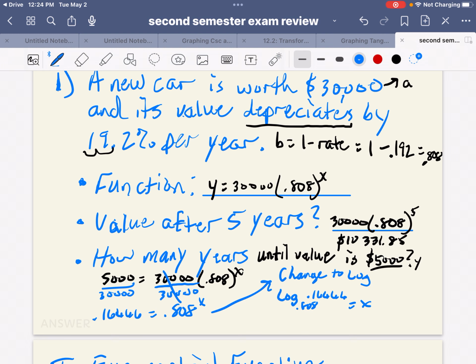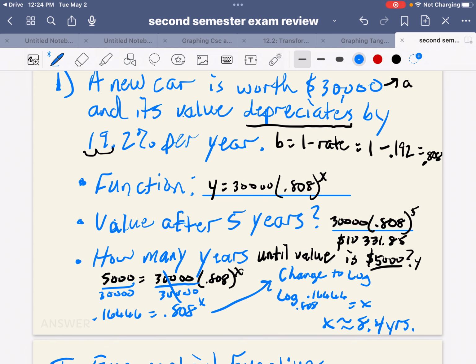So I pull up my log and I put 0.808 in the first box, and I put 0.16666 in the second box and enter, and it tells me that x is approximately equal to 8.4 years.